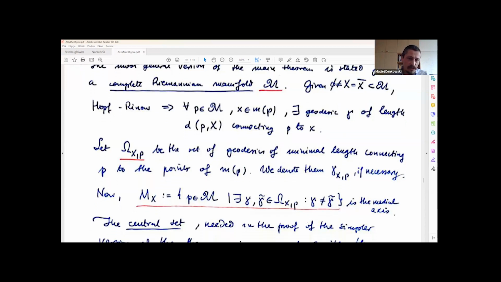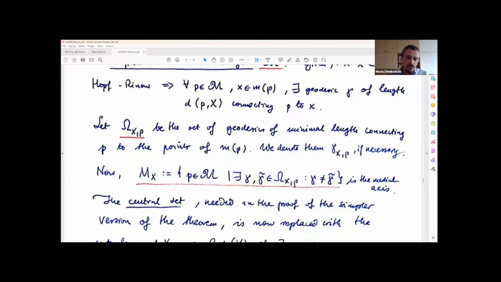So omega xp is the set of all geodesics originating at P and going to the closest points in X. These geodesics will be denoted, if we really need this notation, by xp.